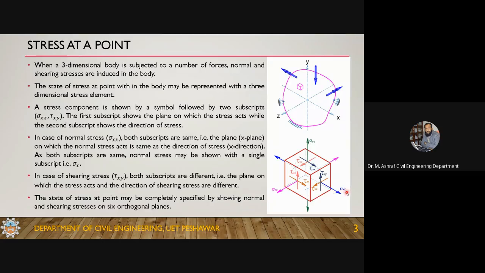Now there is a rule for the subscripts: the first subscript represents the plane on which the stress is acting. For all these three components, the normal and the two shear, the first subscript is x, since this is the x plane.